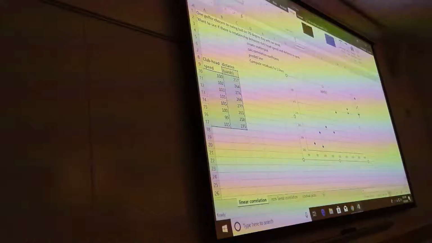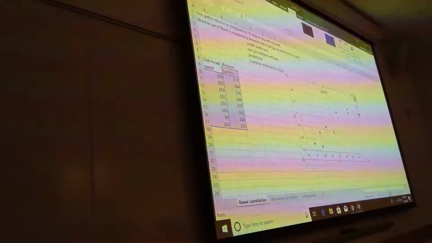Okay, so we've got our chart here. Is this a good looking chart? No, because you need to add your axis titles. How do you do that? Click the green plus sign, add your axis titles. What do I put down here, Clifton? Speed.